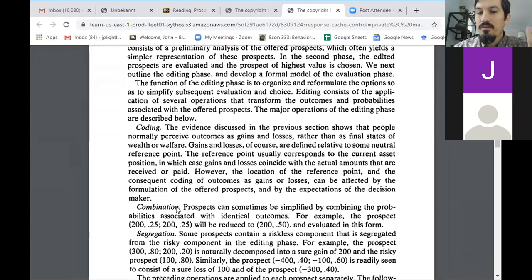Combination, you combine outcomes that are the same. So with my cursor, I'm highlighting these two options where you get $200 with 1/4 of the time. You also get $200 another 1/4 of the time. You should combine those two outcomes into just getting $200 half of the time.